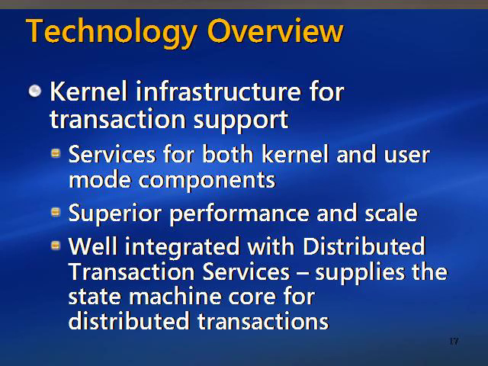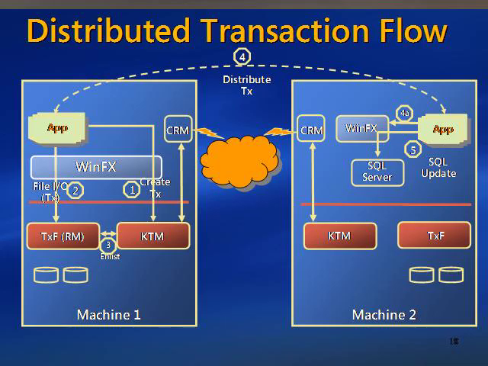For those of you who've written OLE TX-based applications before, and have used distributed transactions, for example, the kernel mode transaction manager supplies the state machine core for distributed transactions and integrates with the DTC, and then you can avail of all of the protocols that DTC supplies you with in order to distribute your transactions across different machines.